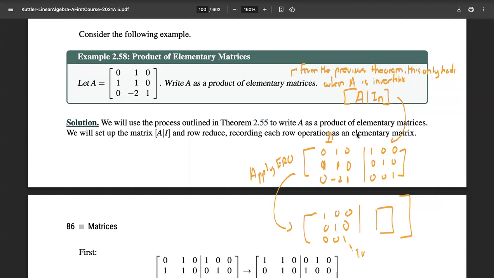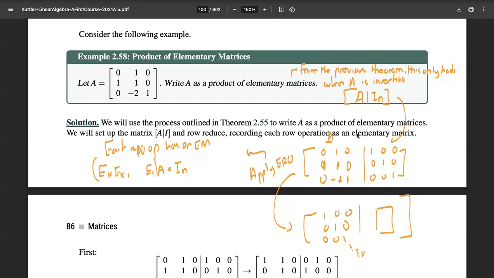So what does this tell me? Because each row operation has an elementary matrix, I can state that the bunch of row operations multiplied to A will give me the identity.